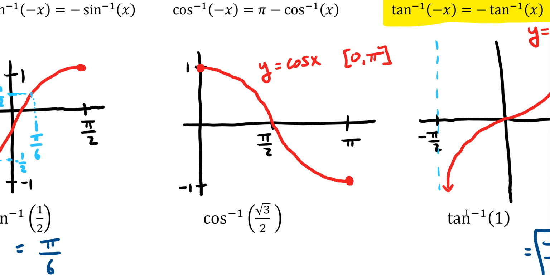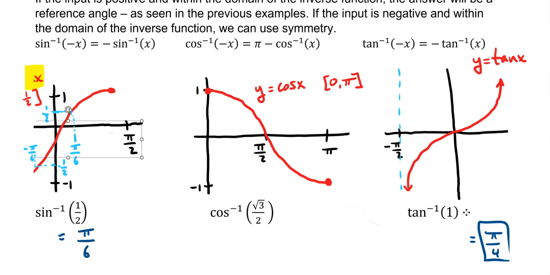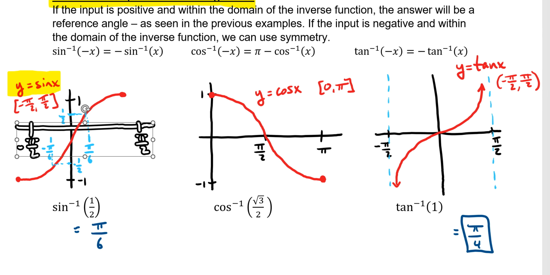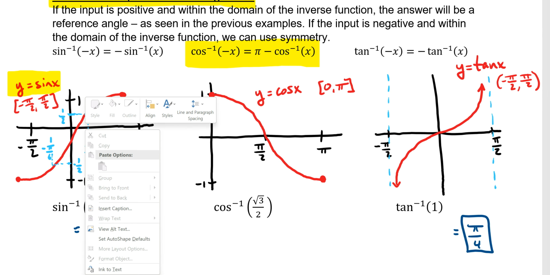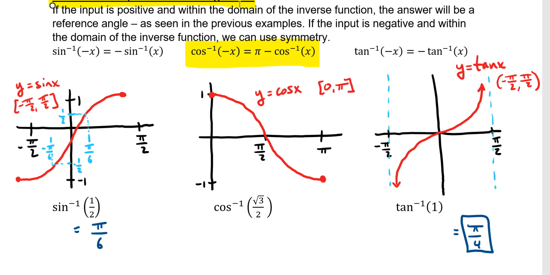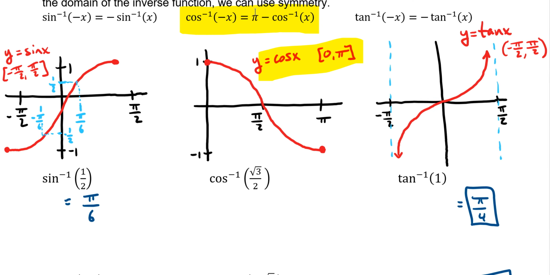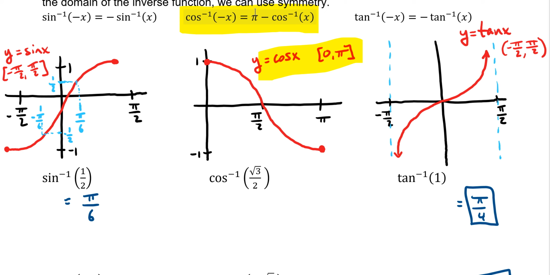Looking at the graph, you can see that we have a different restricted domain for cosine, right? The restricted domain of cosine is 0 to pi. So we're not going to be able to use this same technique for cosine inverse as we do for sine and tangent inverse.